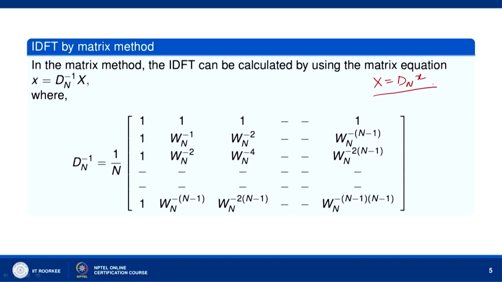Here we have D n inverse given by 1 over n into this matrix. This matrix is n cross n matrix. In the first row we have 1 1 1 each. Let us see how we get this matrix.